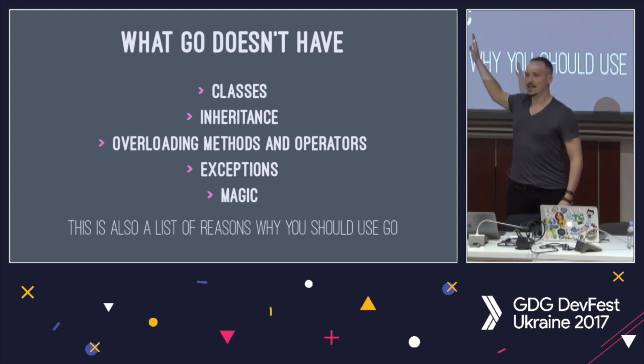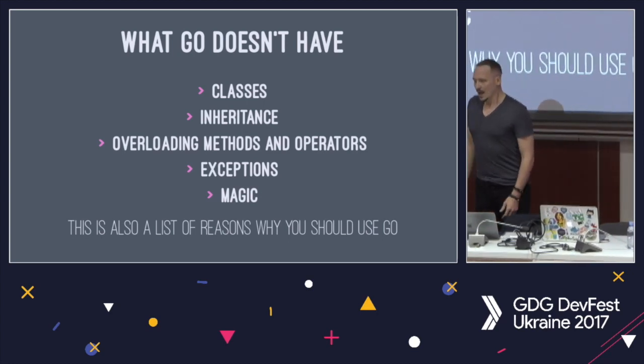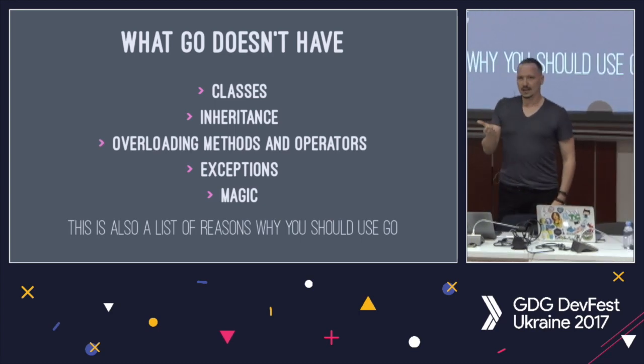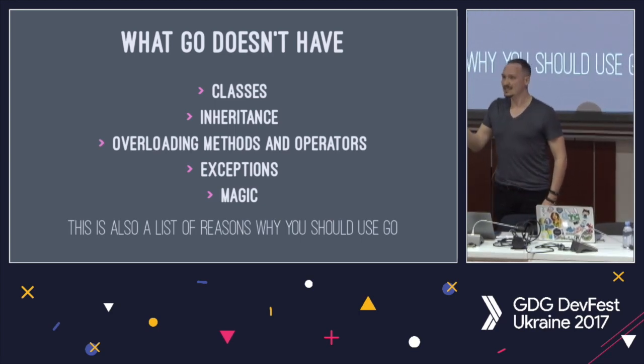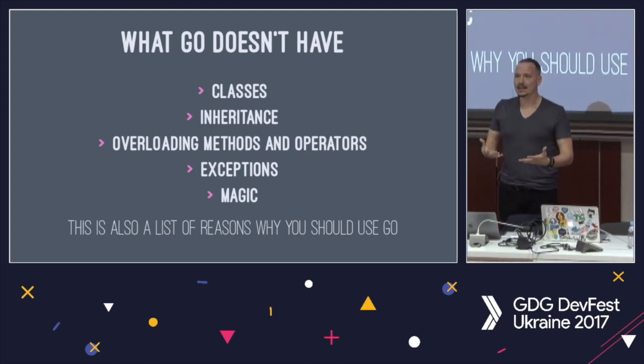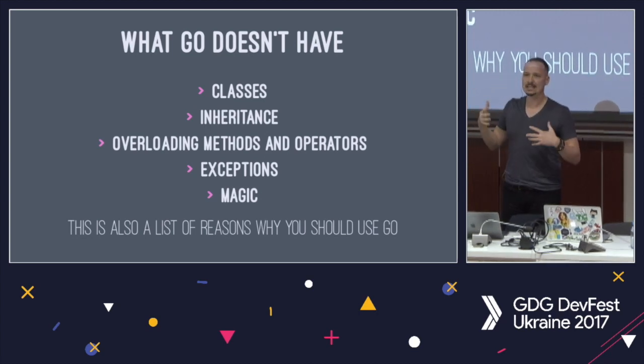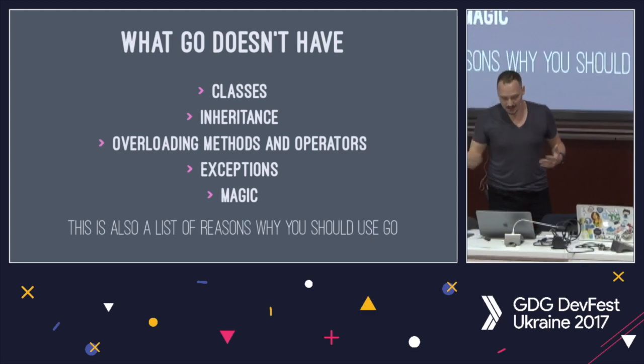So Go deliberately doesn't have a load of language things that we're sort of used to. And again, it's really a nice thing in the end. If you feel like you're limited, and you kind of are, but what it means is everything's very clear. There's no magic. There aren't too many different ways to do things. There's a bit of that.